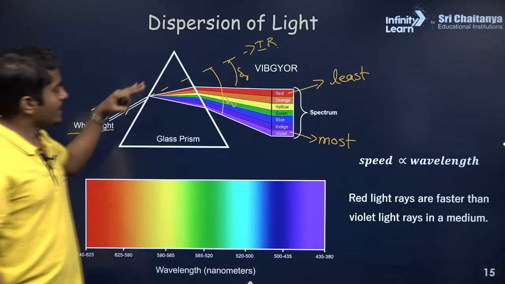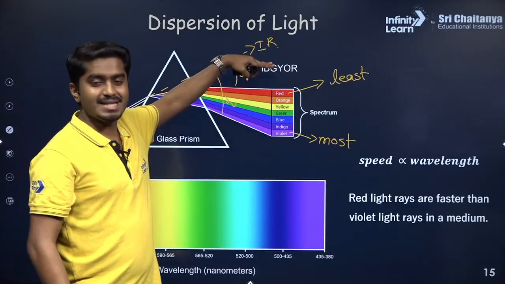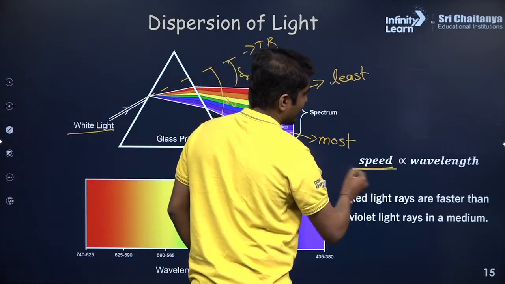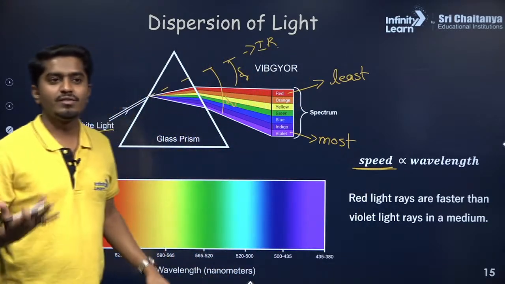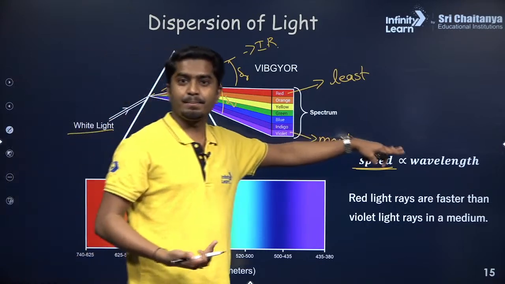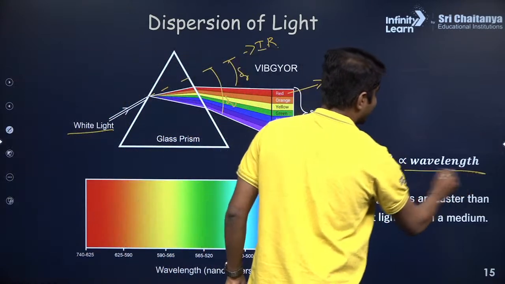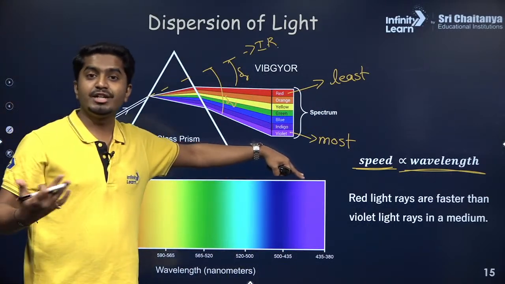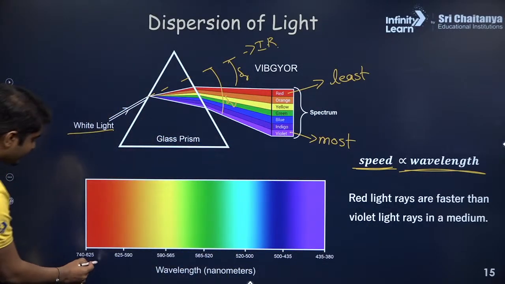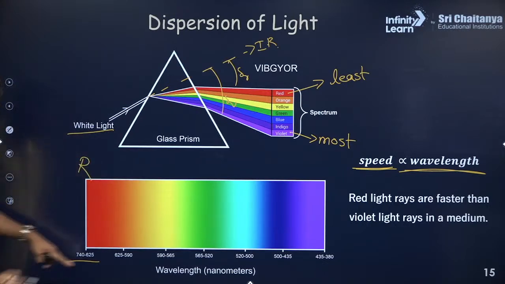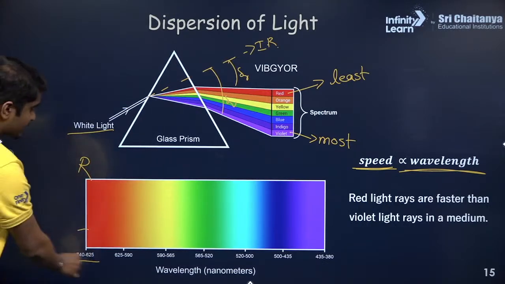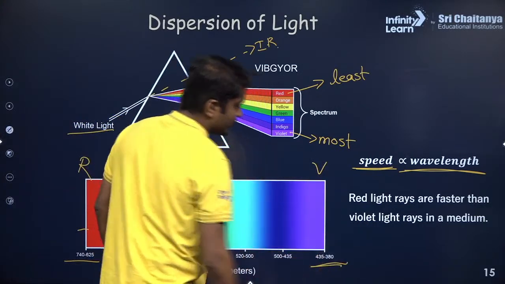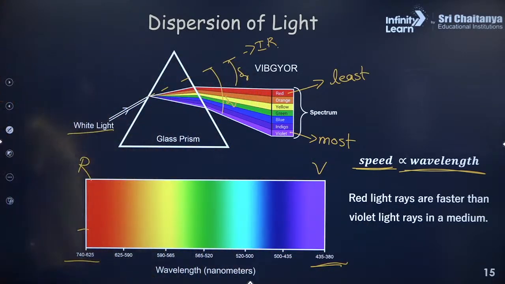Okay, so why do different colors deviate differently? Because the speed of light is directly proportional to wavelength, and these 7 colors have different wavelengths. Red has the maximum wavelength, around 700, and violet has the minimum wavelength, around 400 or 350.